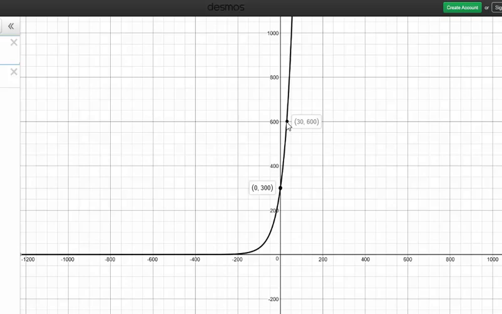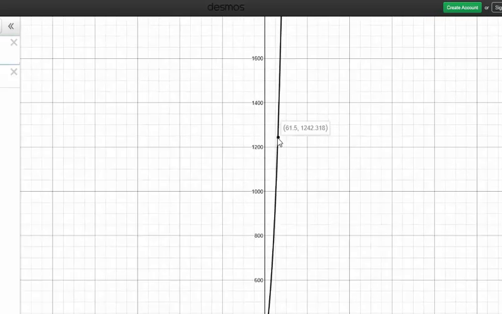If we want to go further, then we can see that after, let's say, 60 days, let me bring this down, after 60 days, right here, the bacteria will become 1,200 of them. This will be true after 60 days, where 60 is the number x. Let's look at the algebraic solution of that.